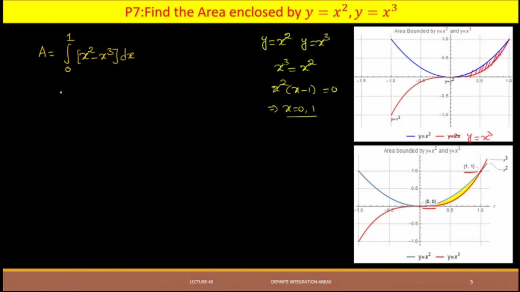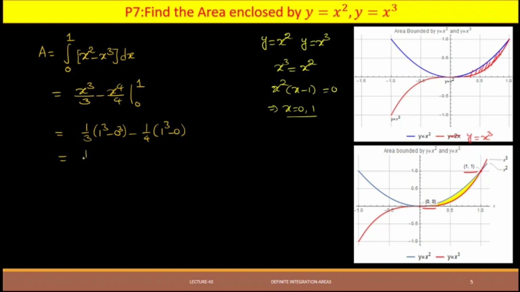So x square integration is x cube by 3, minus x cube integration is x to the power 4 by 4. I have to apply the upper limit and lower limit, that is 1 by 3 into 1 cube minus 0 cube, minus 1 by 4 into 1 to the power 4 minus 0.